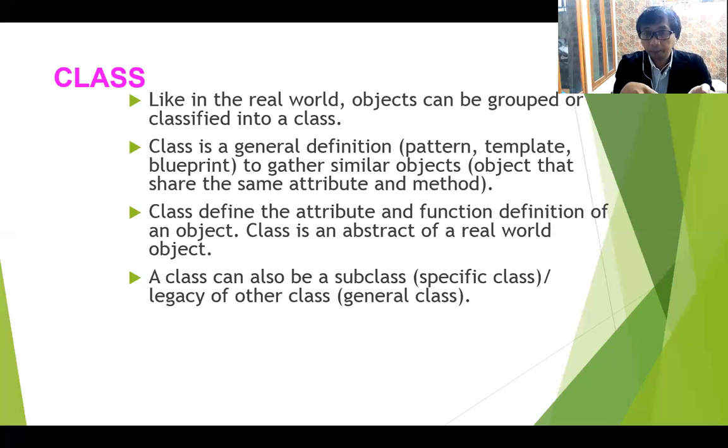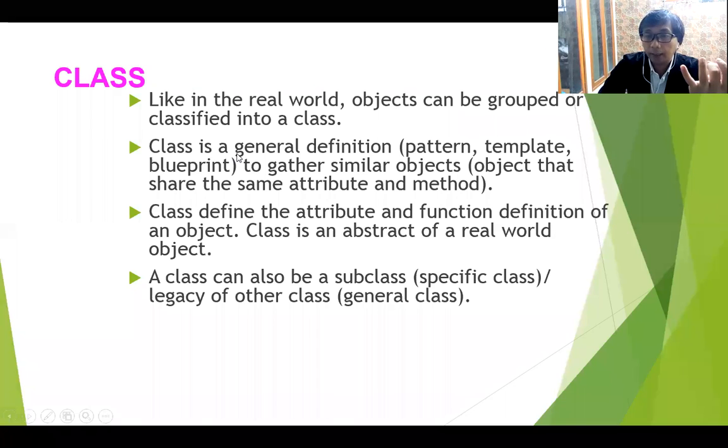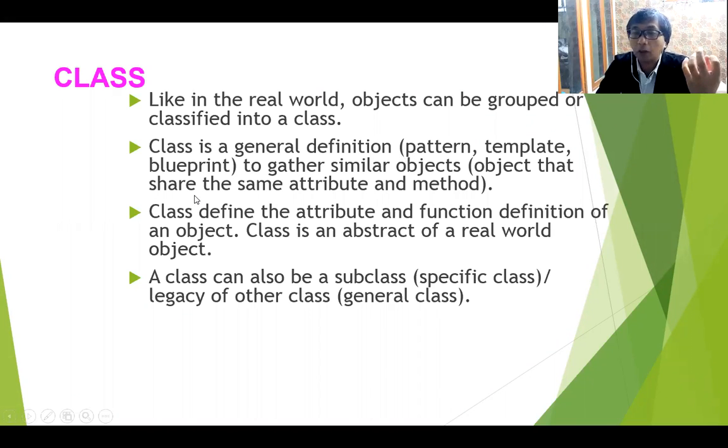So a class is a general definition. You can name it a pattern, a template, or a blueprint for grouping similar objects that share the same attributes and methods. A class defines the attributes and function definitions of an object, and a class can also be a subclass.